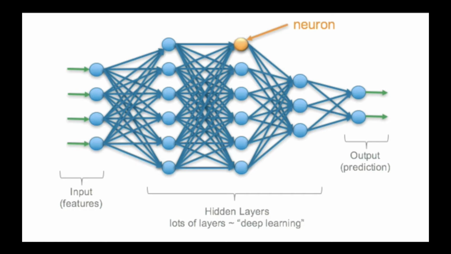This is just a diagram of what a neural net looks like. What we would call these circles, we would call neurons, like the term from the brain. But this is the neural net now. This is not the brain. This is the machine learning neural net.